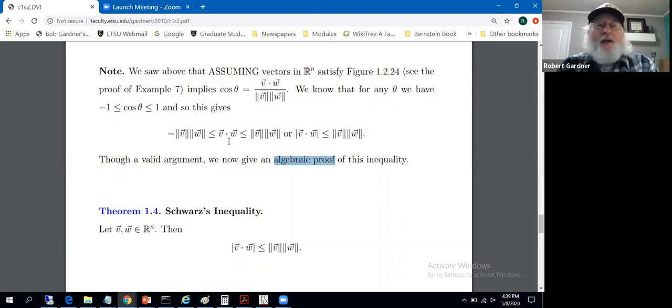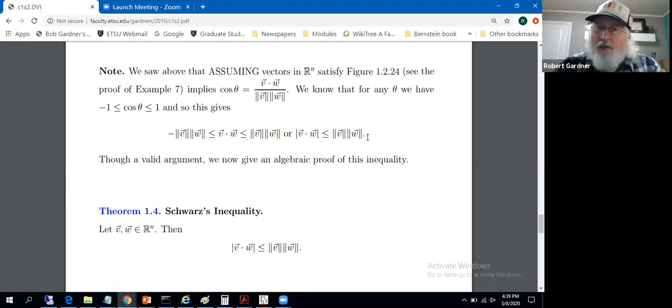That means we've got this dot product sandwiched between these two quantities. This one's positive, this one's negative. Then I can draw a conclusion about the absolute value of the thing sandwiched between them: the absolute value of V dot W is less than or equal to norm V times norm W.